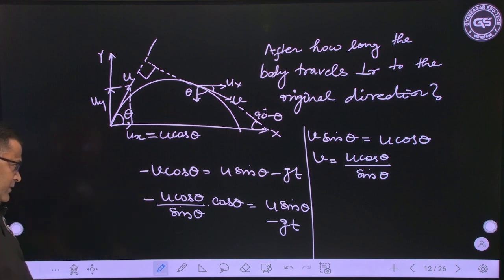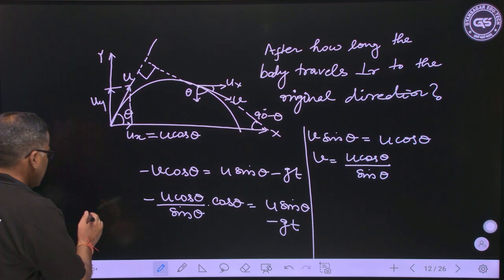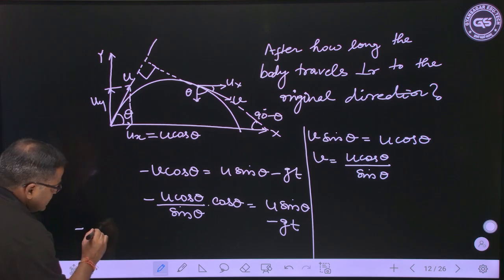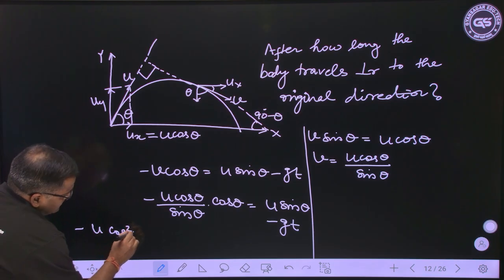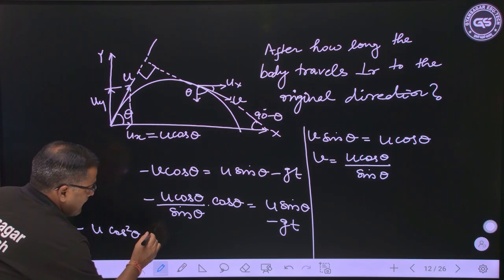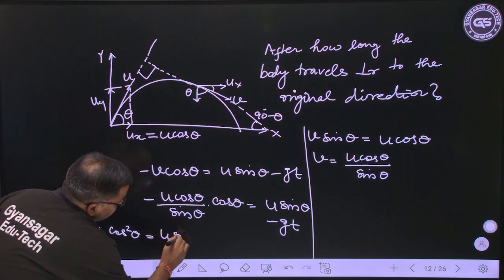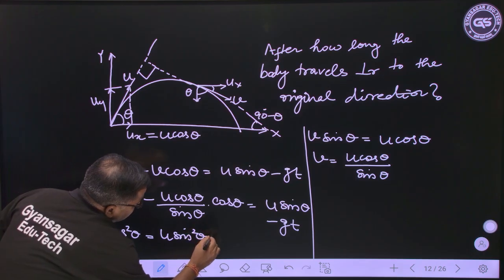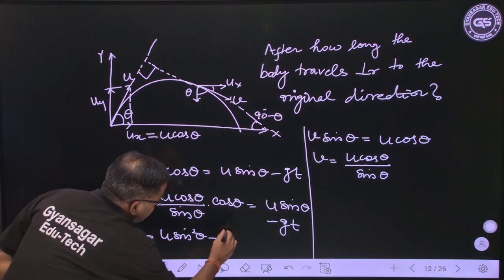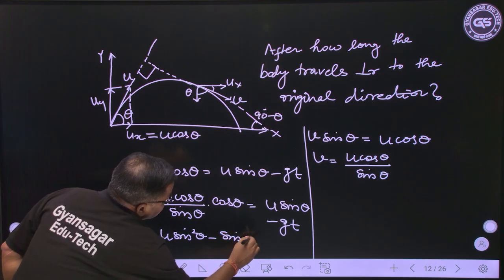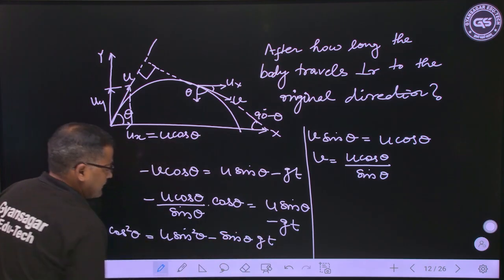So from this, minus u cos square theta equal to u sin square theta minus sin theta gt.